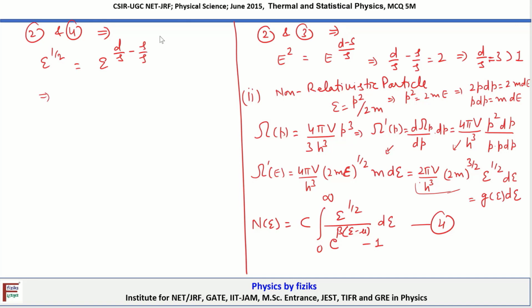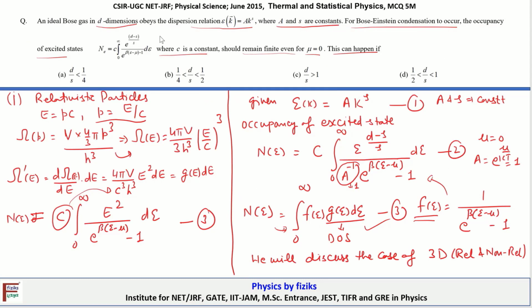So a comparison between the exponents gives us a value of d_s minus 1 equal to 1 by 2, implying that d_s is equal to 3 by 2, again which is larger than 1. So based upon these conclusions, we arrived at the final conclusion that C is the correct option here. So C, d_s greater than 1, is the correct option here.